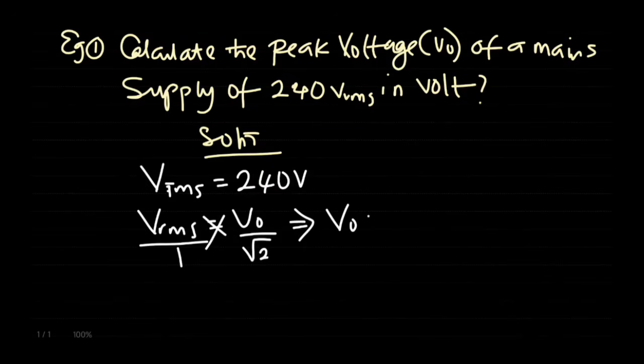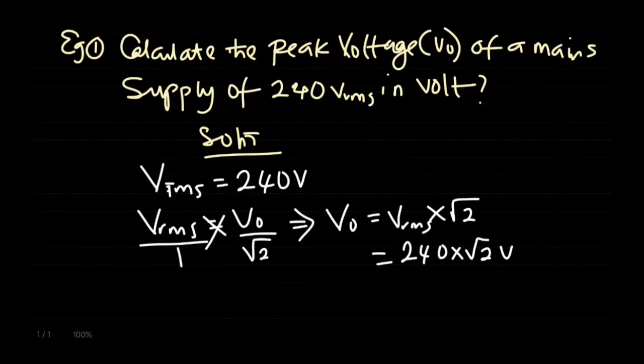Our peak voltage will be given as VRMS times square root of 2, which is equal to 240 times square root of 2 volts. You can decide to leave your answer this way, or you can decide to make it in decimal points, which will give us 339.4 volts. So that is the solution for question number 1. We say that we should calculate the peak voltage of the main supply of 240 VRMS in volts.